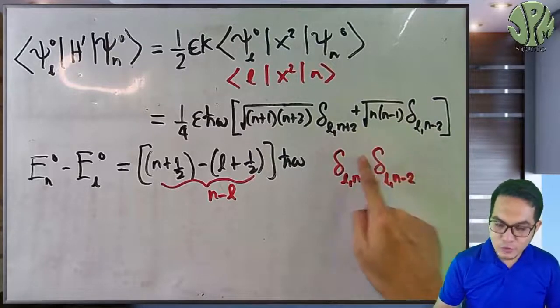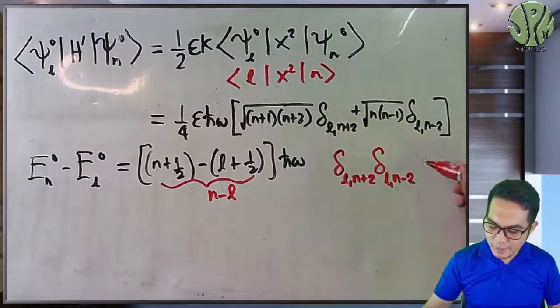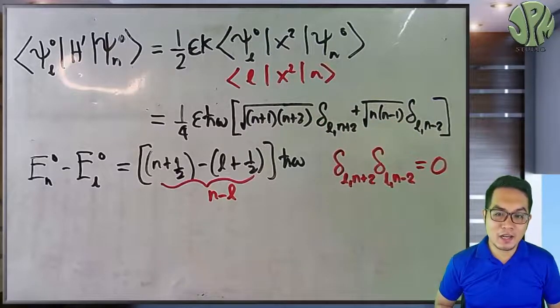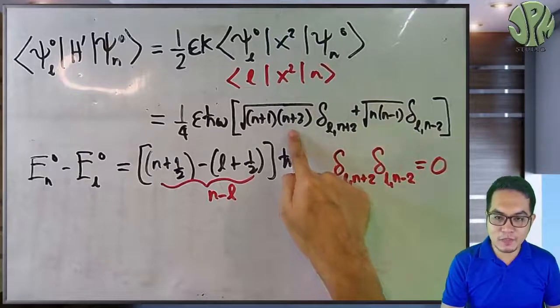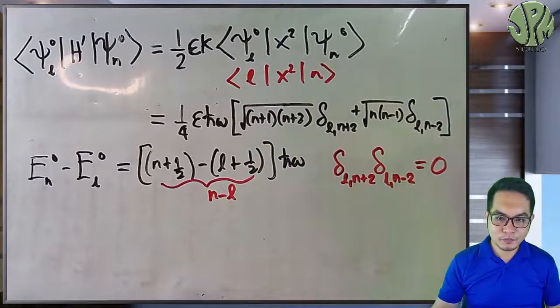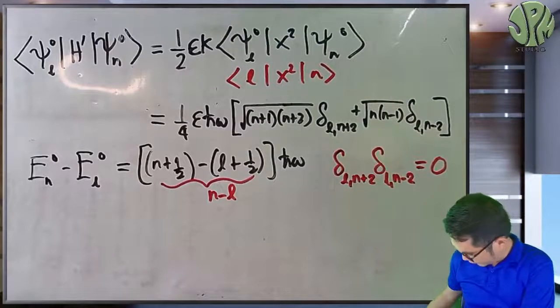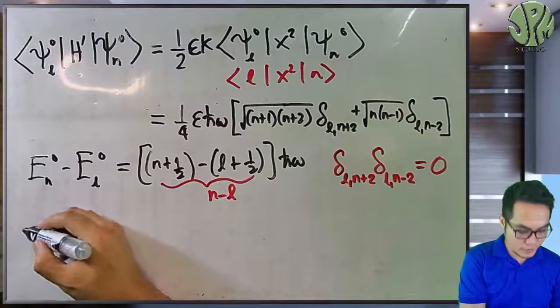So if you have two delta functions with different subscripts, then it's basically 0. So the cross terms, when you square this, are just 0. The square of this term is just the square of this plus the square of that. The cross terms are 0. Okay, so when you substitute that, you will have something like this.